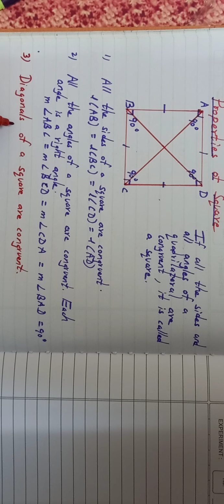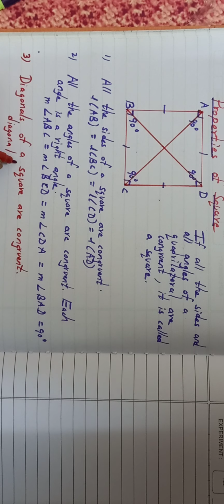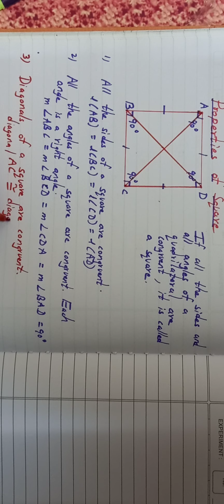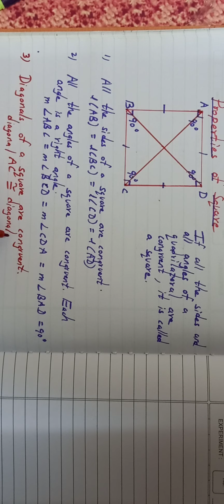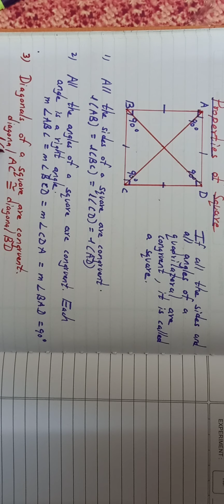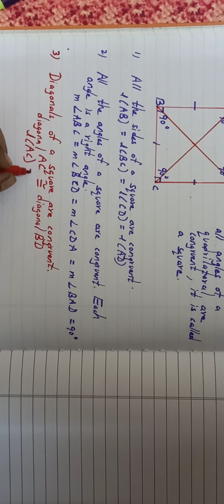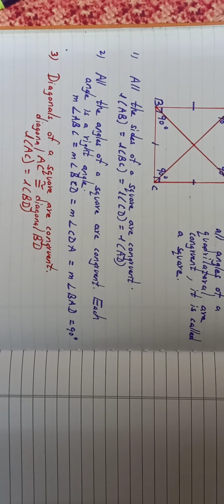When we are writing congruent, we can write diagonal AC is congruent to diagonal BD. And in short, we can write like this: length of AC is equal to length of BD. Like this we can write when we are solving examples.